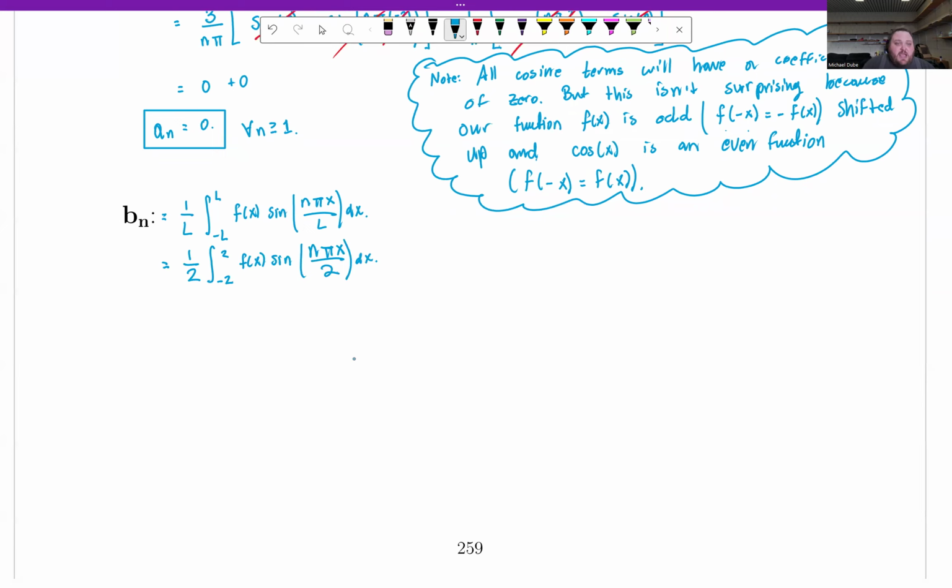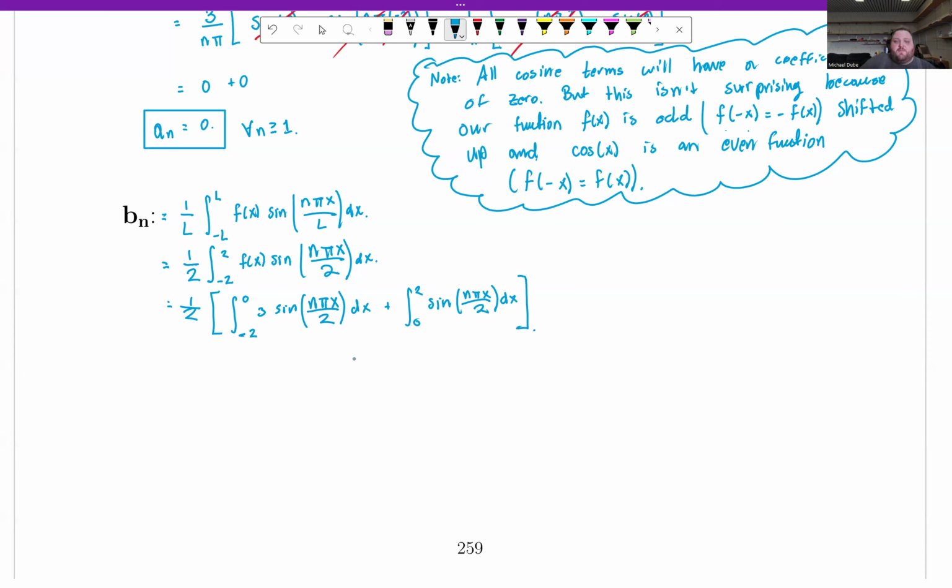dx. As before, we're going to break this up because f of x is a piecewise function. We're going to break this up into the integral from negative 2 to 0 of 3 sine n pi x over 2 dx plus the integral from 0 to 2 of sine n pi x over 2 dx.